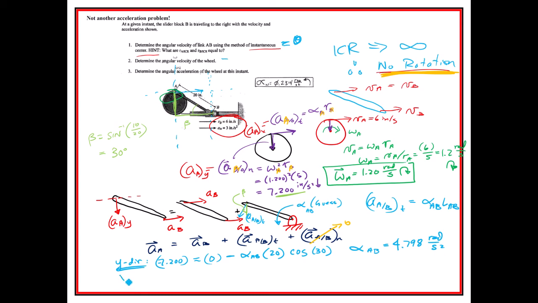And then in the x direction, we don't know which direction it is. So I'm just going to assume that it's going to be positive, right? You could just draw it in there if you wanted to, but just make it positive. So that's AB is positive, and that's going to be our 3 inches per second squared.